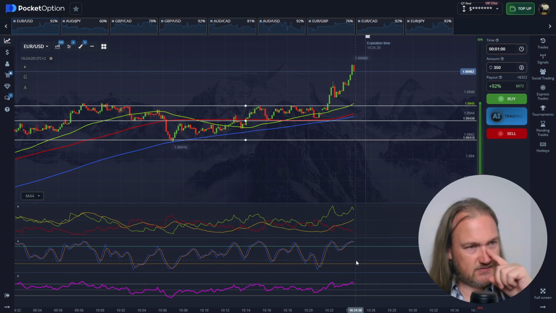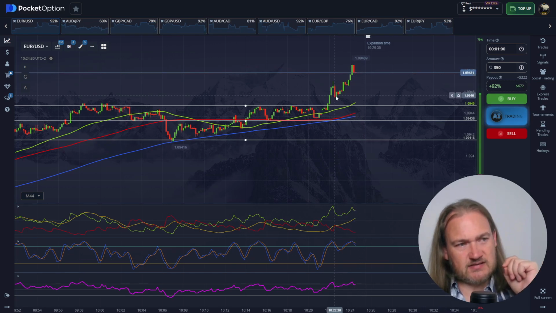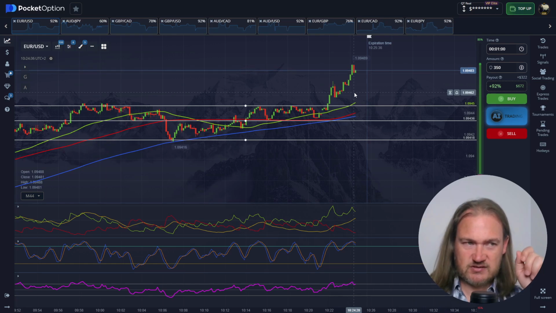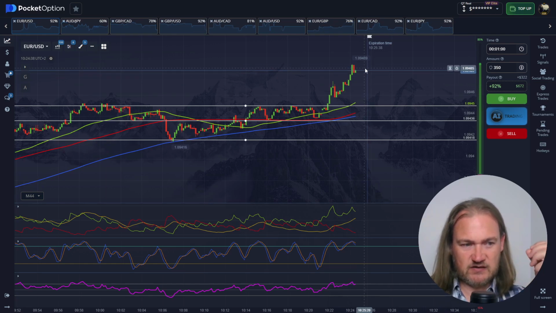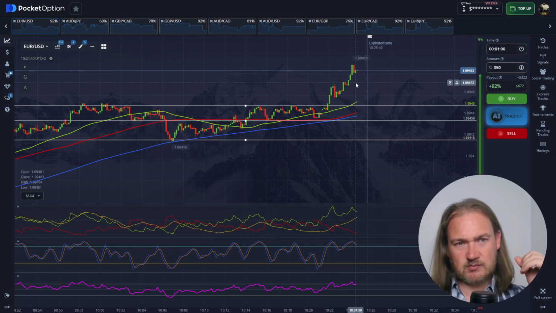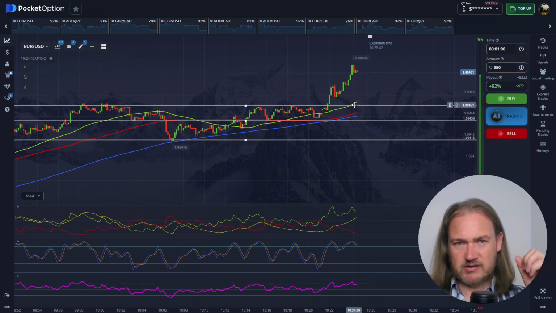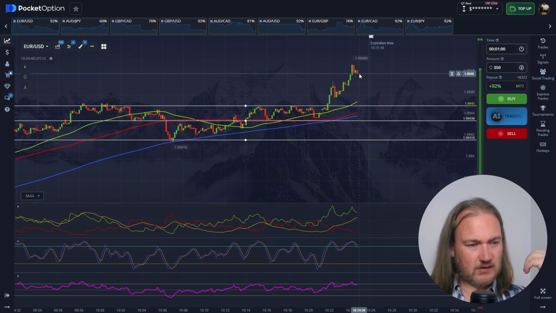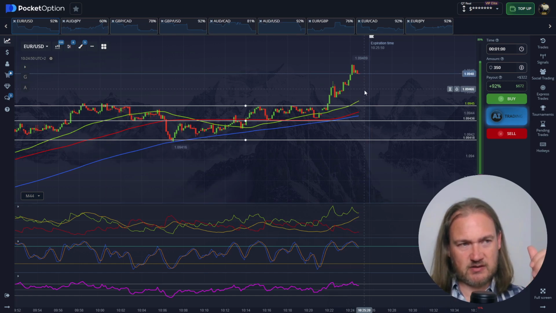Now, if this happens and the retrace doesn't break this low here, that's going to be hidden bullish divergence, which is a continuation signal, which will give me a valid entry to take a buy trade. This is a scenario that might happen, and I do try to spot them before they happen.